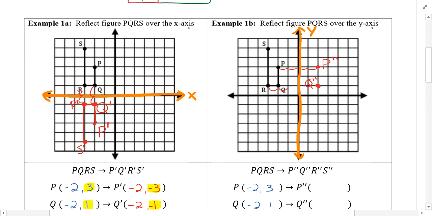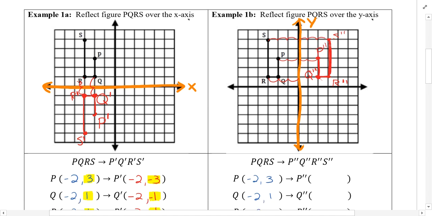R is 1, 2, 3 to the left. So 1, 2, 3 to the right would be my image of R. And then S is 3 to the left. And so 3 to the right would be the image of S. And I'm sorry, that's the double prime. So if we connect our points, I'm going to rewrite P double prime so it's not through the figure.